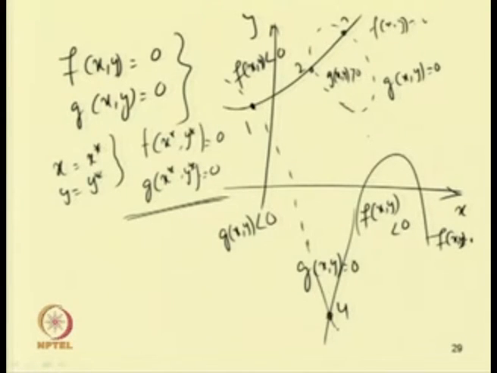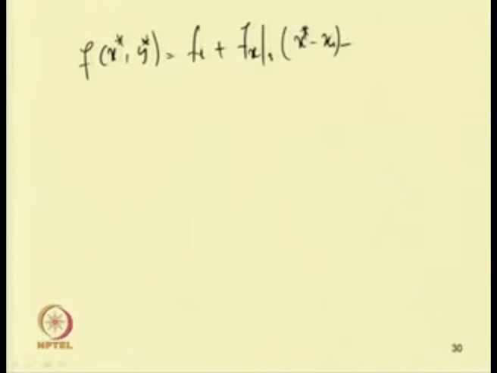Here, to find the solution, we can expand f(x*, y*) = f_i + f_x,i (x* - x_i) + f_y,i (y* - y_i).